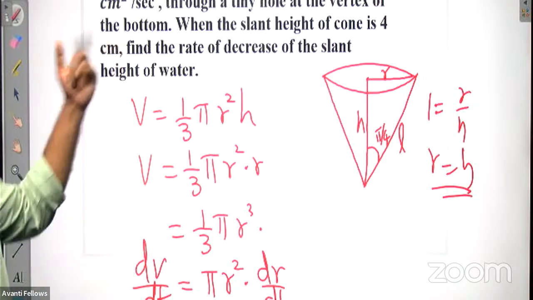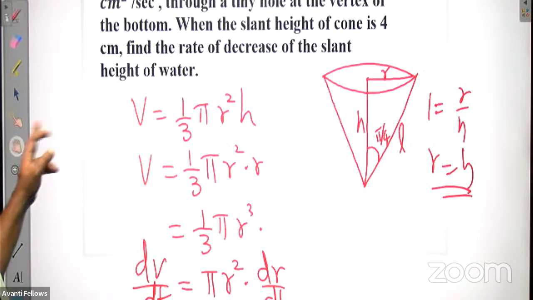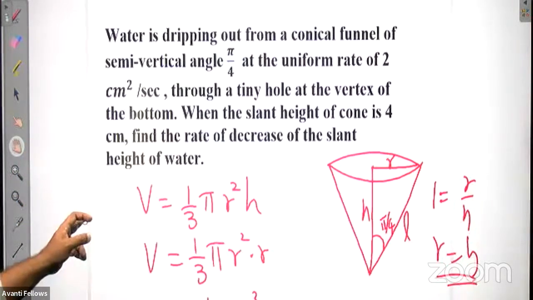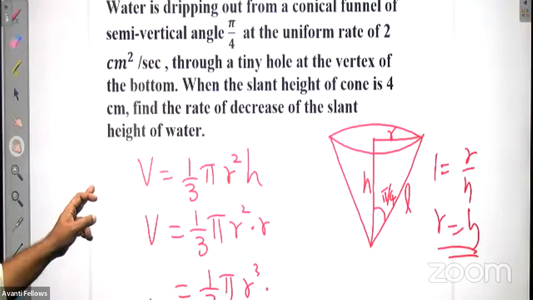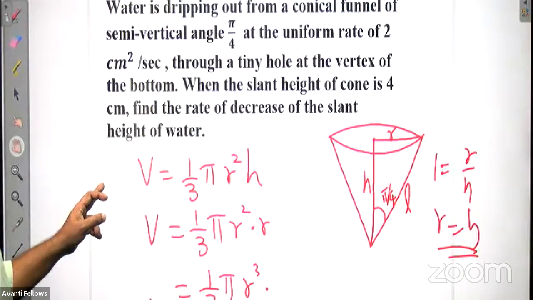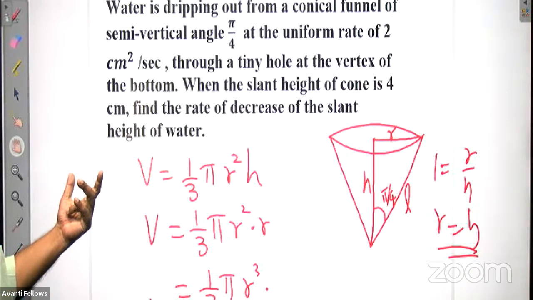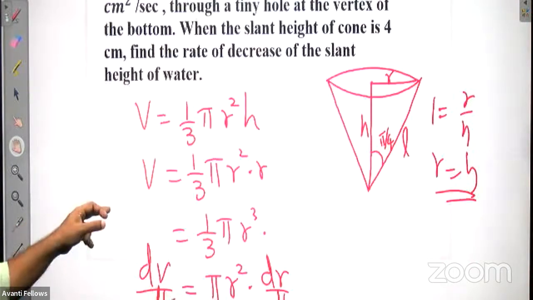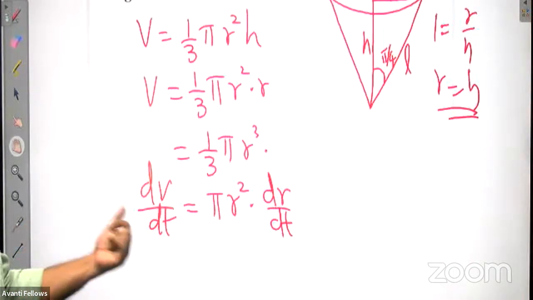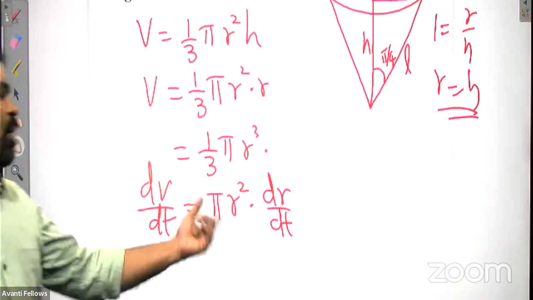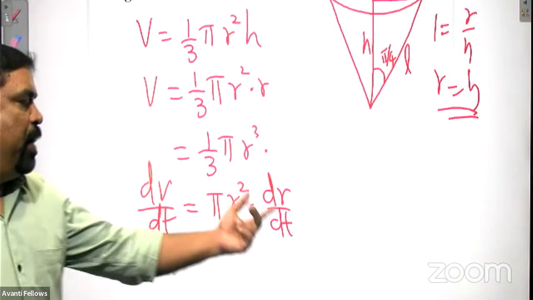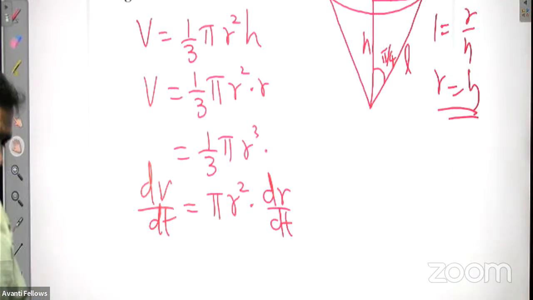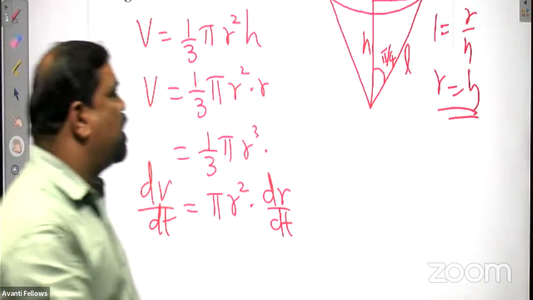And dV by dt is given. Water is dripping at the uniform rate of 2 centimeter cube per second. So dV by dt is given, but r is not given here. We have to find dr by dt, but r is not given. So how to? In place of that, L is given.